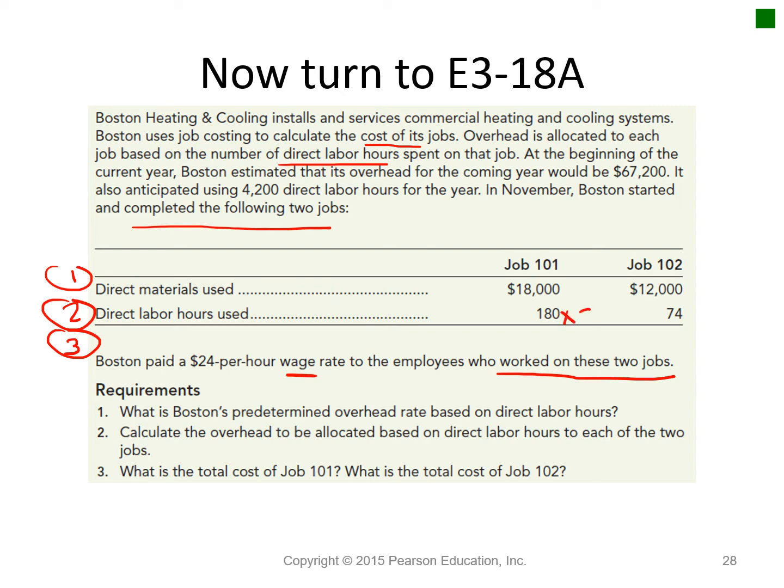You're going to have to multiply each of those by $24 to get the total cost of labor. That's pretty easy. Okay, so requirements. Part 1: What is their predetermined overhead rate? We'll get that. Number 2: calculate the overhead to be allocated based on direct labor hours on the 2 jobs. We'll do that. And then finally, we'll add up all of our product costs to get the total cost of each individual job.